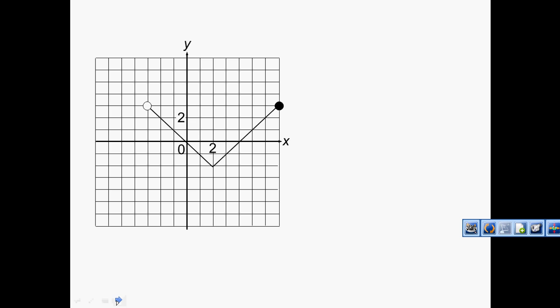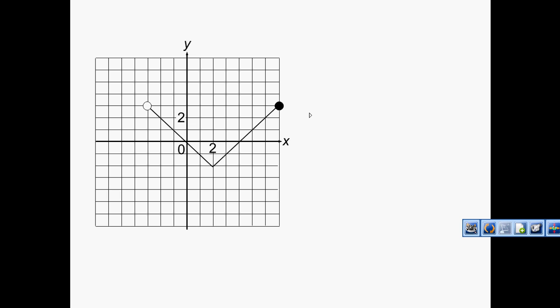Now I have another one, but you notice my endpoints are different, right? Because I'm not just going into infinity. So now you question whether or not I'm going to have a bracket. Go back to the page where it talks about intervals. Increasing and decreasing intervals are always exclusive of the endpoints. So you always use parentheses.